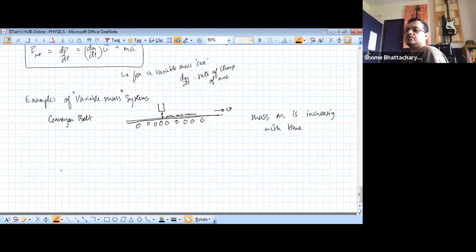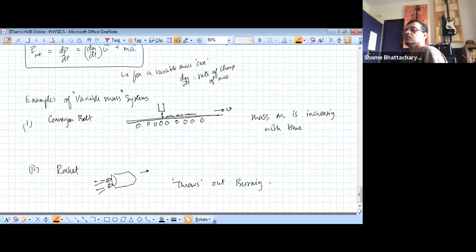Or you have the example of a rocket. So as the rocket is moving forward, it literally throws out burning fuel at a very high rate.